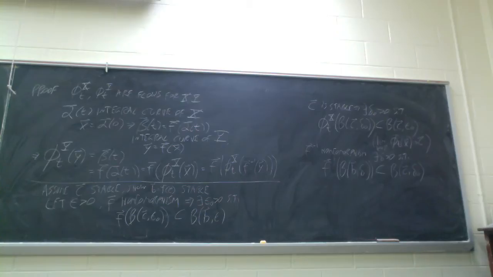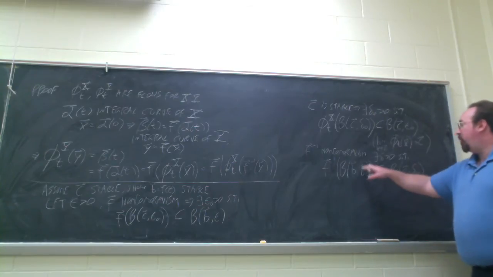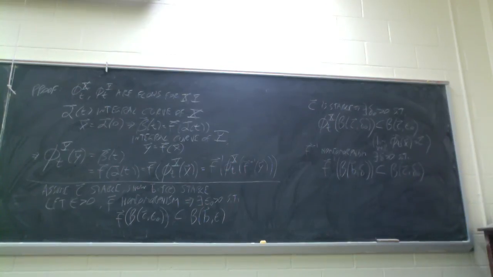All right. So points sufficiently close to B are mapped by F inverse to points that are close to C. That's just straight continuity. Okay.